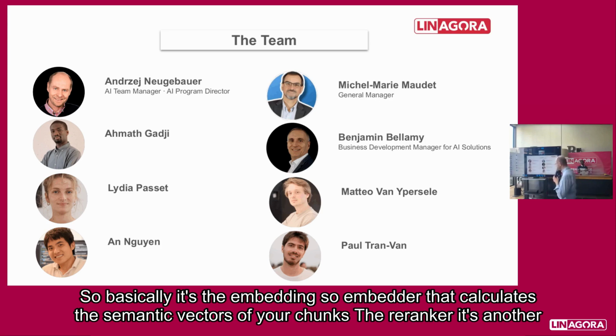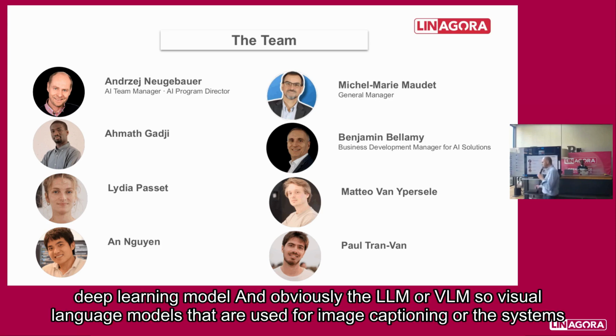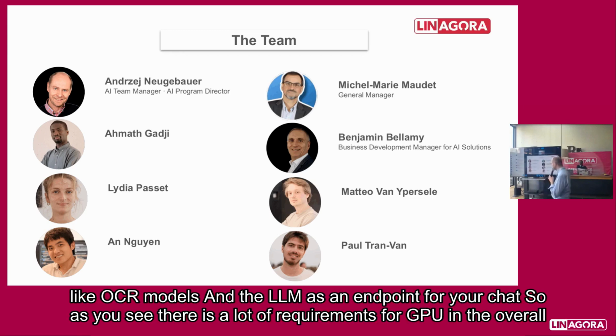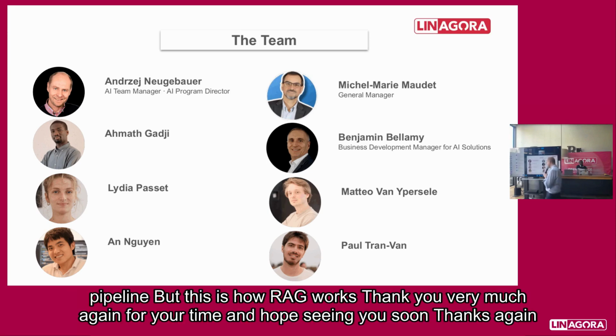The re-ranker, which is another deep learning model, and obviously the LLM or VLM, visual language models, that are used for image captioning, or systems like OCR models, and the LLM as an endpoint for your chat. So as you see, there are a lot of requirements for GPU in the overall pipeline.